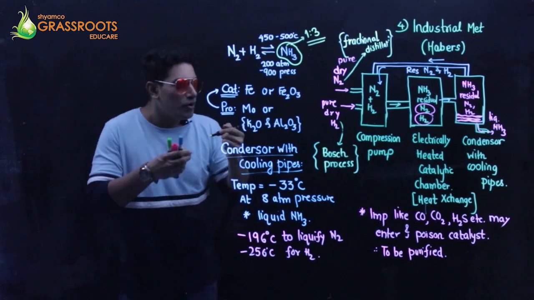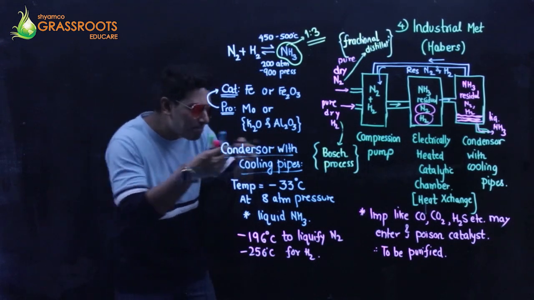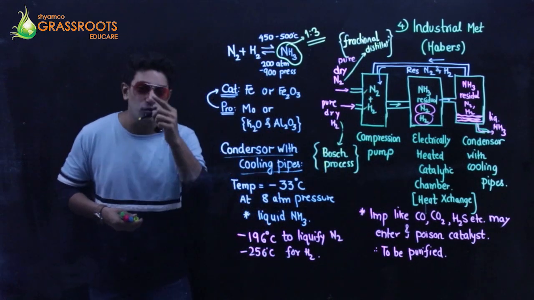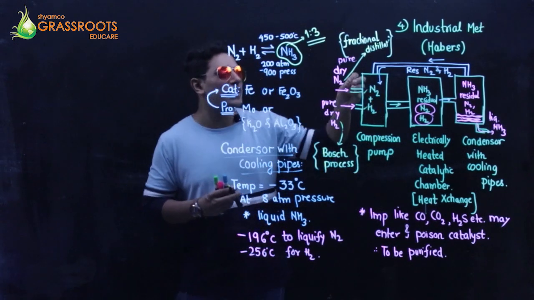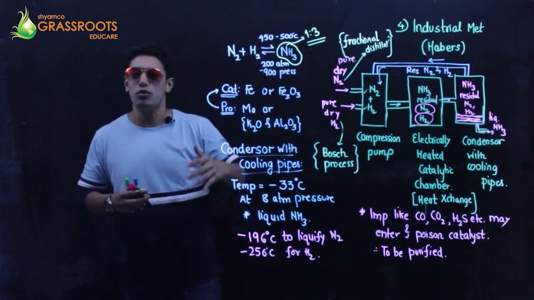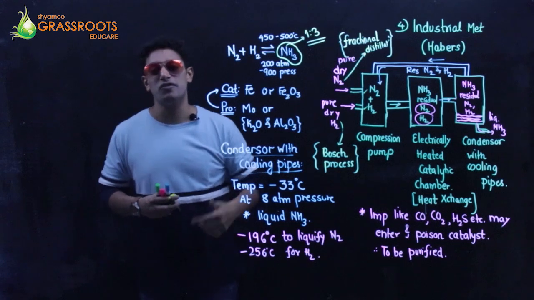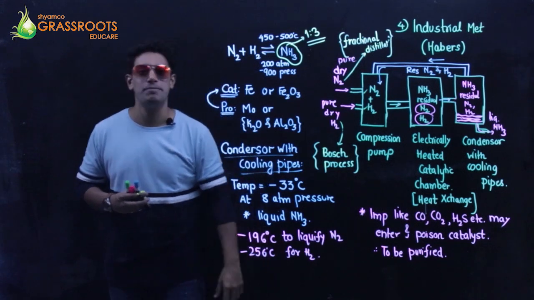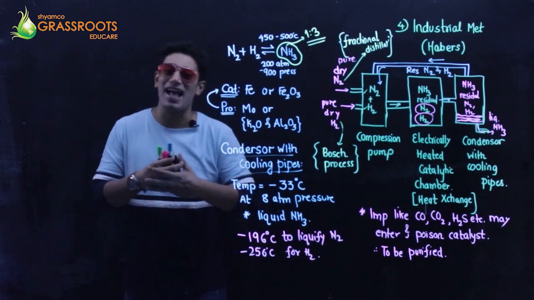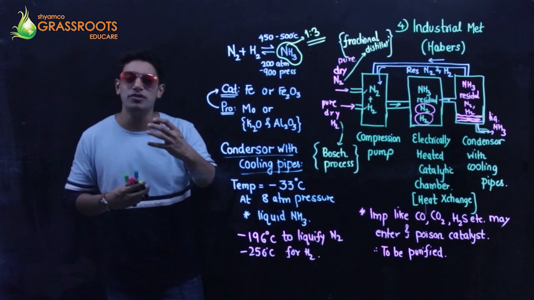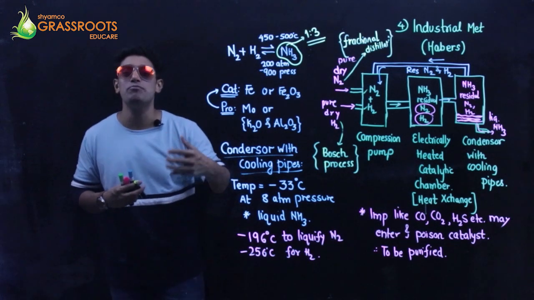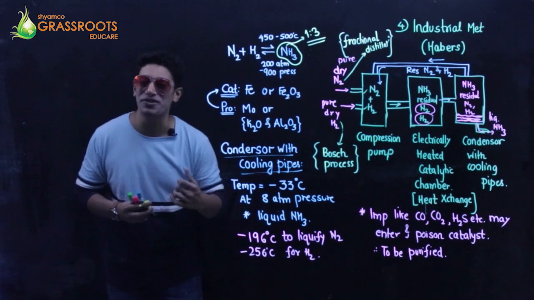That means when you give an input of the reactants nitrogen and hydrogen, you need to be cautious: if you are giving 10 molecules of nitrogen as input, you need to give a minimum of 30 molecules of hydrogen as input. Because in the combination of ammonia as a bond, hydrogen holds a larger value. Hydrogen is required in more proportion, in more quantity.